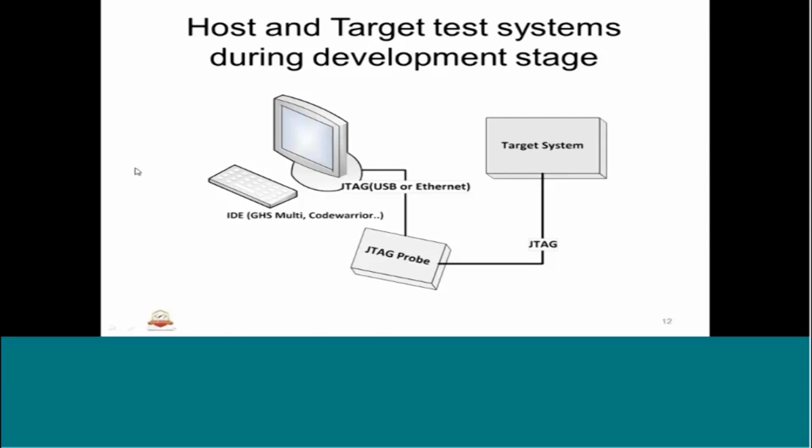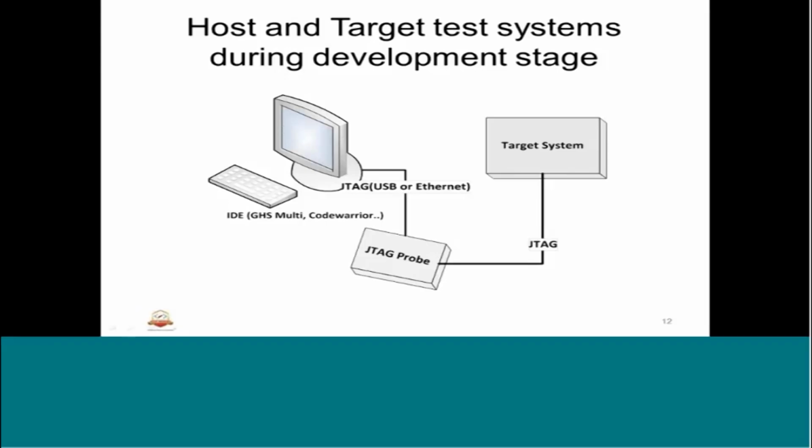And I'll brief about this host and target system during the development stage. There is a laptop or desktop which will have an interface with the target system with the help of an IDE. IDE generally uses probes which will probe the registers or the memory and all that hardware related information through a probe box that is called JTAG.